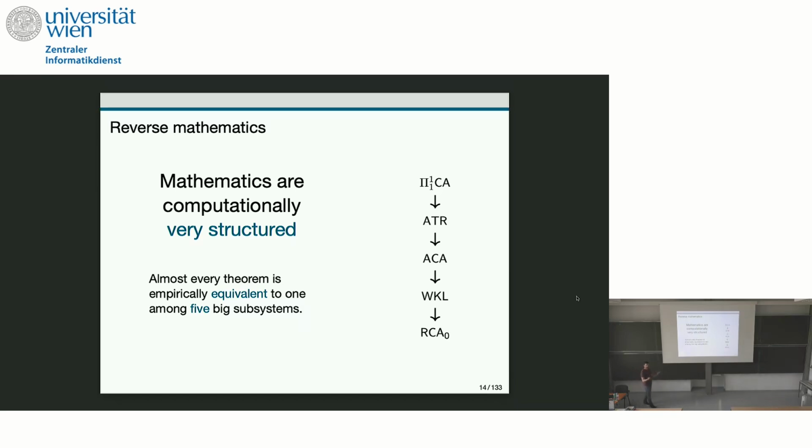So it's very, very well structured. Of course, this is only an empirical phenomenon, in the sense that it's not a theorem, and there are counterexamples, and you can build very artificial counterexamples.